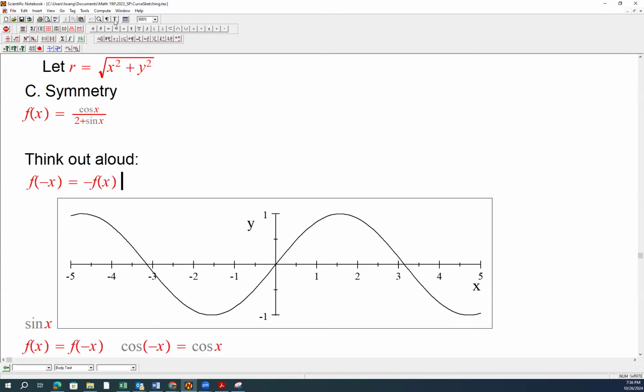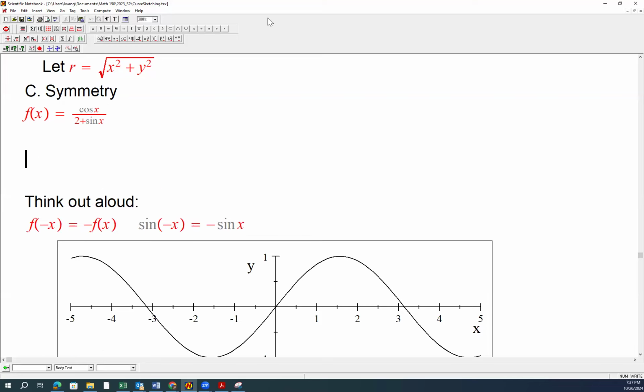Sine of negative x and sine x, they are opposite. So if we put a negative sign in front of one, we get the other. So that's the even-odd relationship.